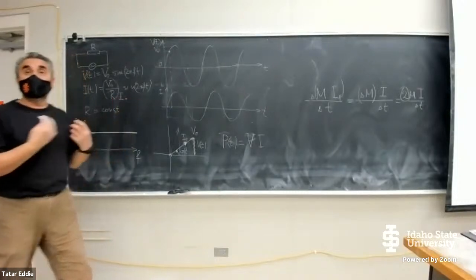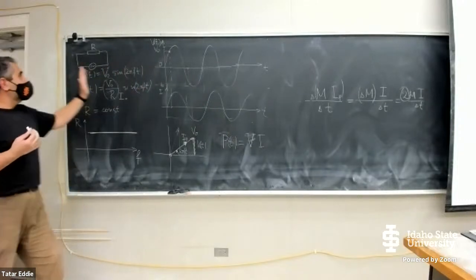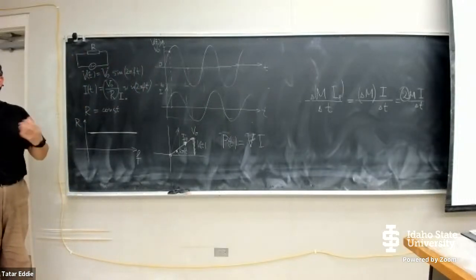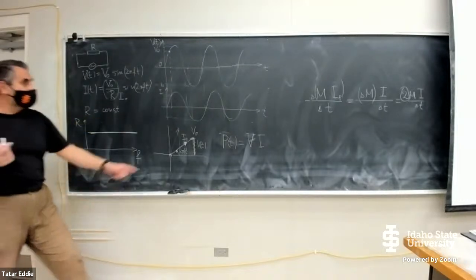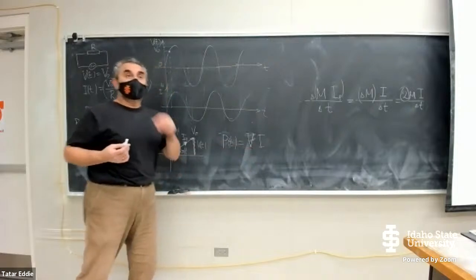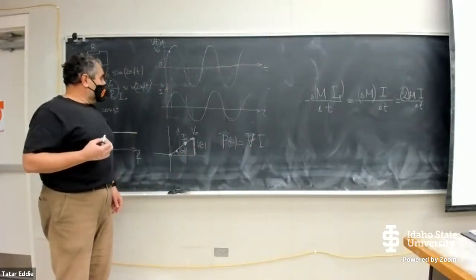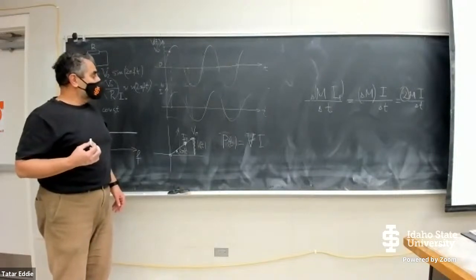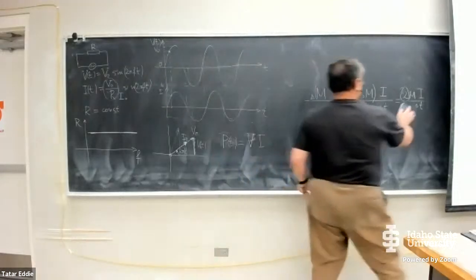Positive power, again, is consumed. In other words, all the time, this resistor consumes energy at a rate given by the product of voltage times current. You can draw that consumption, but I'm not going to because we're running out of space.